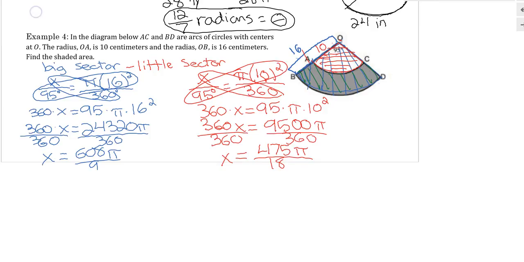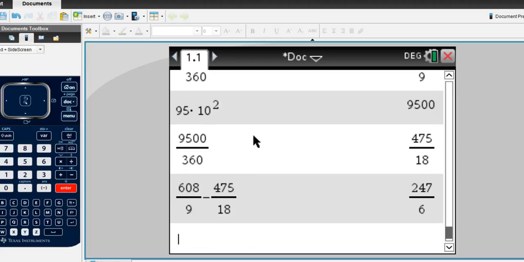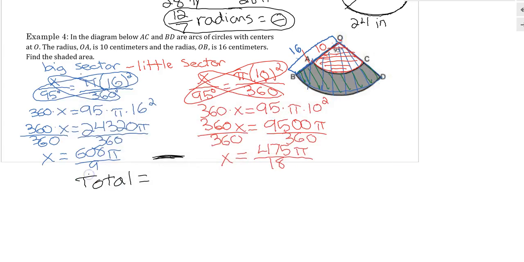So the last thing I'm doing is the big minus the little. So I am just subtracting these. And my total equals, I don't even have to worry about the pi. The pi is still going to be there since they both have a pi. 608/9 minus 475/18. I'm just subtracting these two fractions.